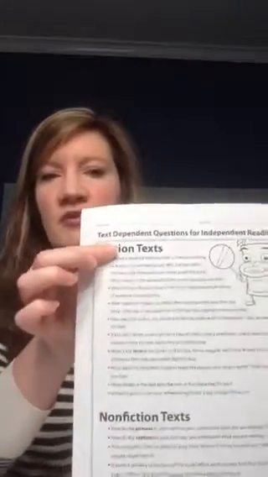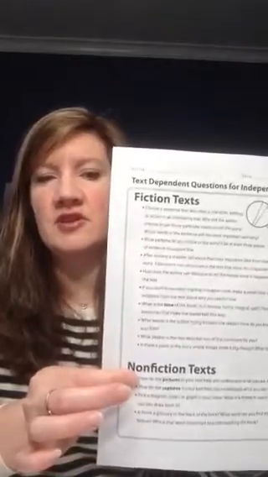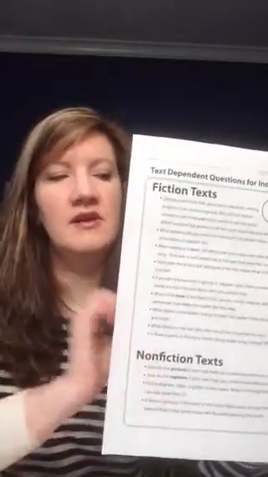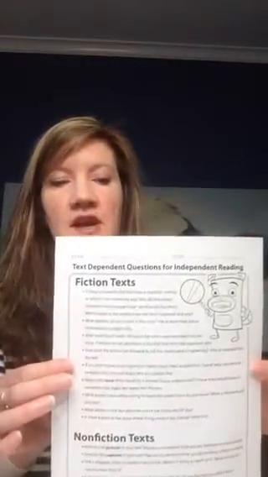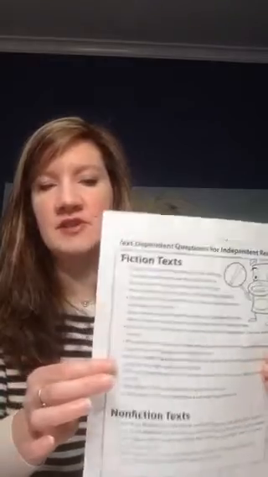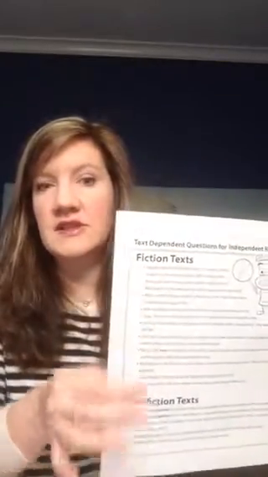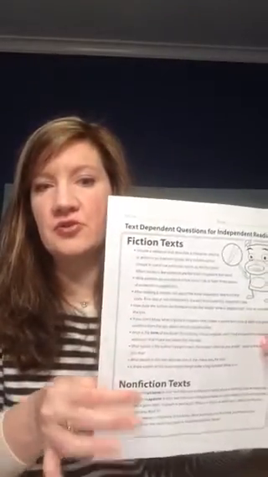And again, you can pick 3 questions from the fiction or the nonfiction section depending on what type of book you are reading. If anyone has any questions about this, I think I'm going to be coming up with some additional questions to add to these 2 sections to give you a little bit more variety. Okay. So starting with your independent reading.